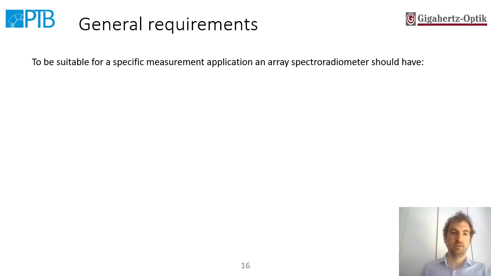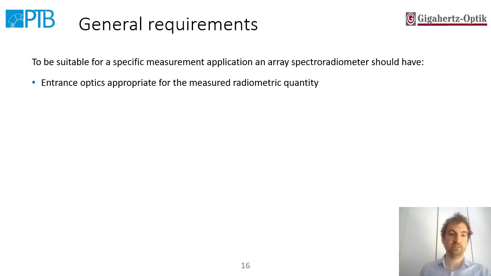On this slide, we would like to show you some general requirements, and these are usually application dependent. So you need some entrance optics, which is appropriate for your measurement quantity. Furthermore, your device should be stable and reproducible, depending on the quality you need in your application.